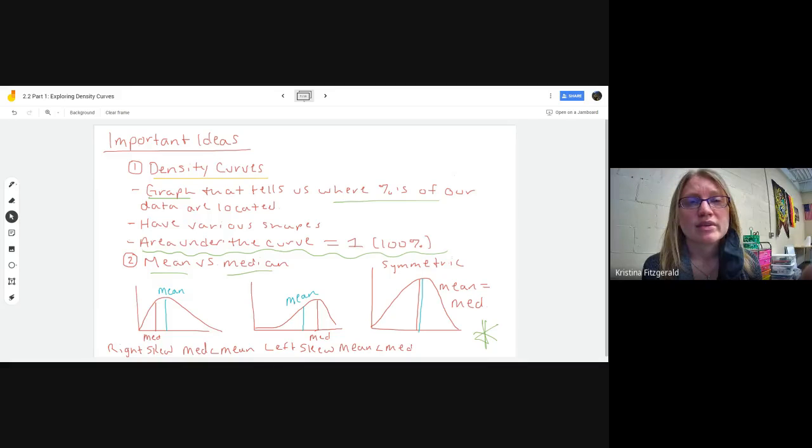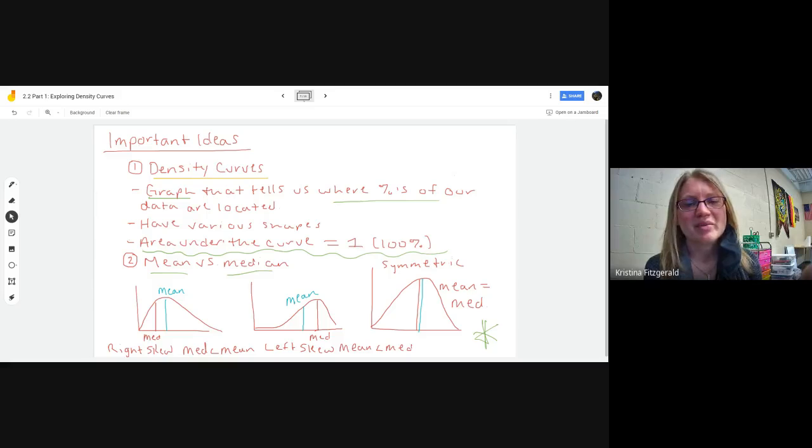So important ideas. What we talked about yesterday was density curves. Density curves are basically a picture. It's a graph of data. And we can tell based on the picture, the shape of the graph, where certain things are located. There are various shapes. Yesterday, some of our shapes were uniform, like a rectangle, and others were symmetric or skewed.